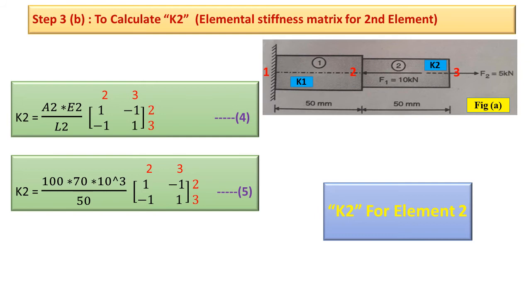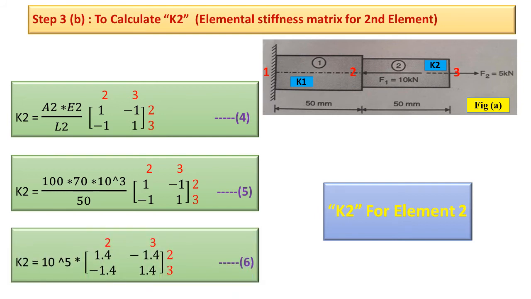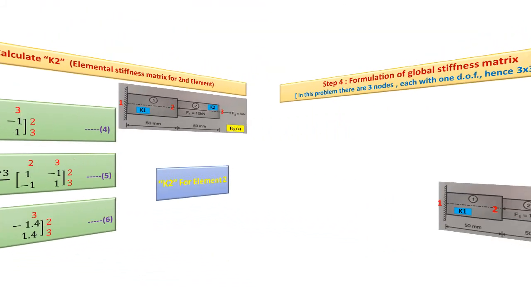That's why it is 2 and 3, 2 and 3, as well as it represents the second column, third column, second row and third row when we formulate the global stiffness matrix. And for the elemental matrix it will be again first and second column, first row and second row. After putting in all values, we get 10 raised to 5 times, again with the power kept constant outside, [1.4 -1.4; -1.4 1.4].